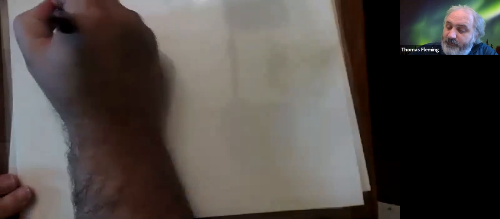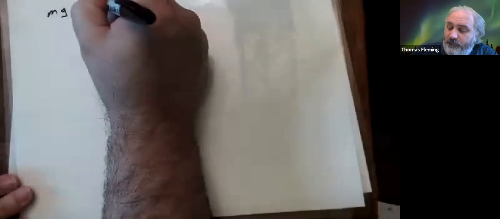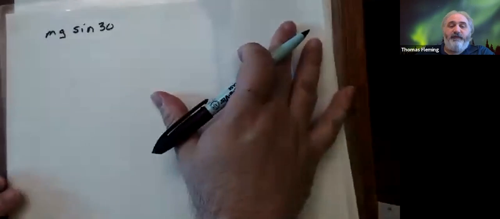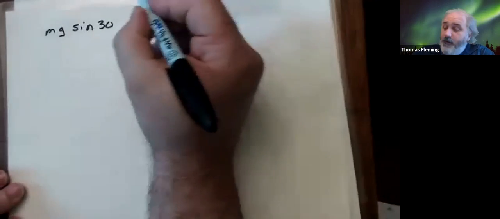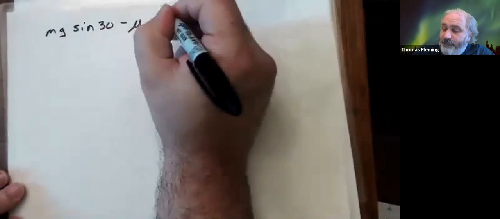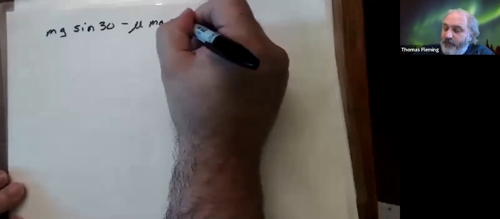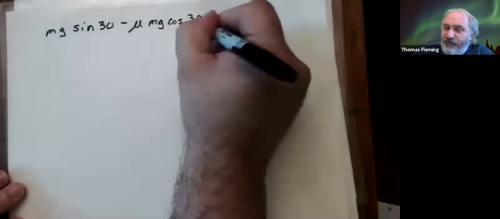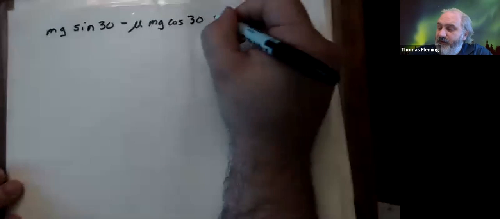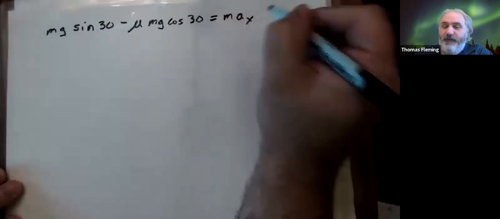So now I've got mg times the sine of 30 degrees. Let's get down here where you can see it. Minus mu, that's the coefficient of friction, times mg cosine of 30, that's the expression for N that we just found a minute ago, equals m times the acceleration in the x direction.